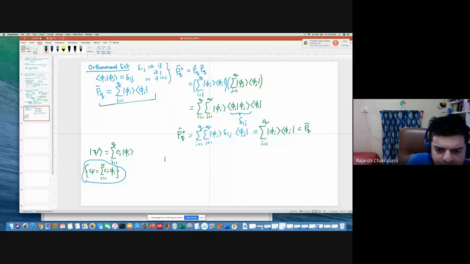Okay. Now this is how it is. Now if I do this operation, if I take PQ and operate on psi, what should I get? So actually, I'll get something like this.